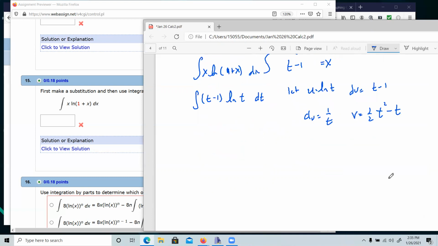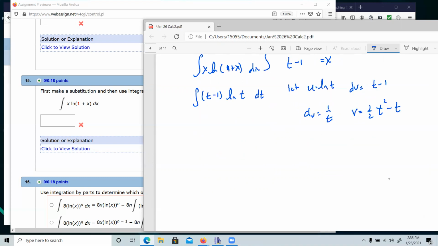All right, so here we go, integrating. It's uv, so this is (1/2 t squared minus t) times ln t minus the integral of (t minus 1) over t dt. I'm going to change this up a little bit.